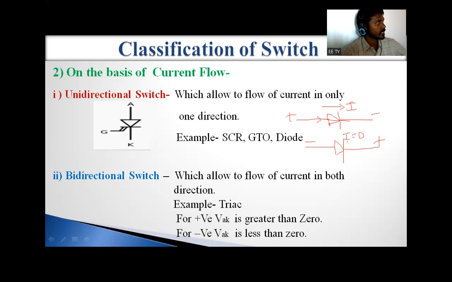So the current cannot flow from cathode to anode. So is this device unidirectional or bidirectional? Only unidirectional, because the current will flow only from anode to cathode. There is no chance for current to flow from cathode to anode. If in case any current is flowing from cathode to anode, definitely the device is going to get damaged.